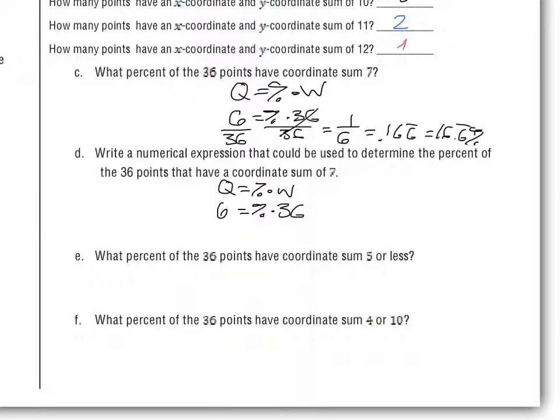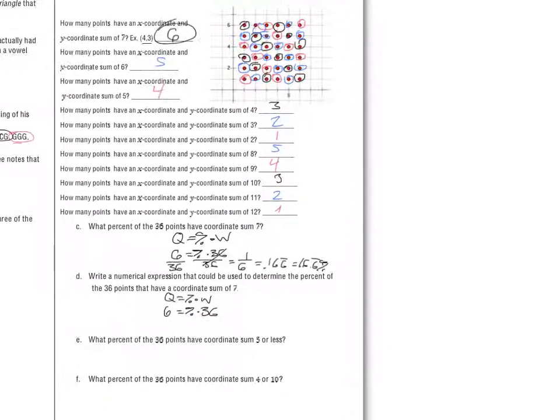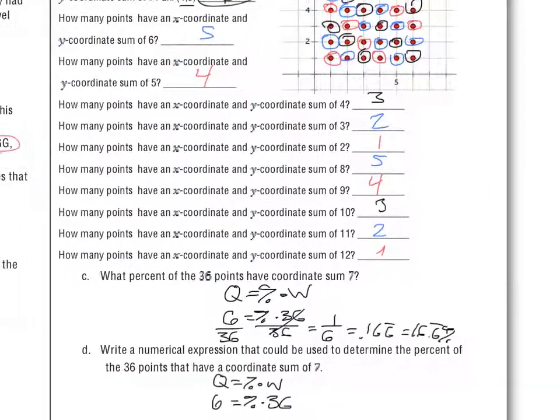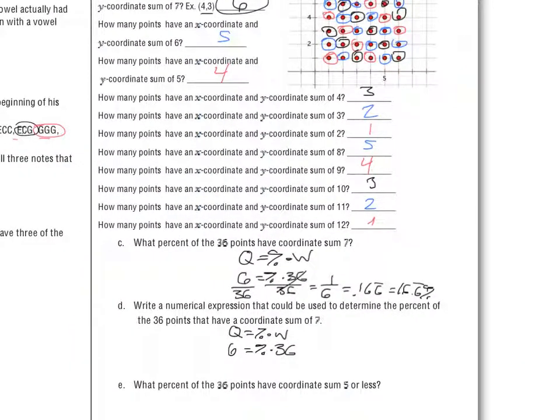It says what percent of the 36 points have a sum of 5 or less. So this one we have to be careful with. Sum of 5 or less. So that's going to be all of them that have a sum of 5, so there are 4 that have a sum of 5, but or less is also going to include sums of 4, sums of 3, and sums of 2.